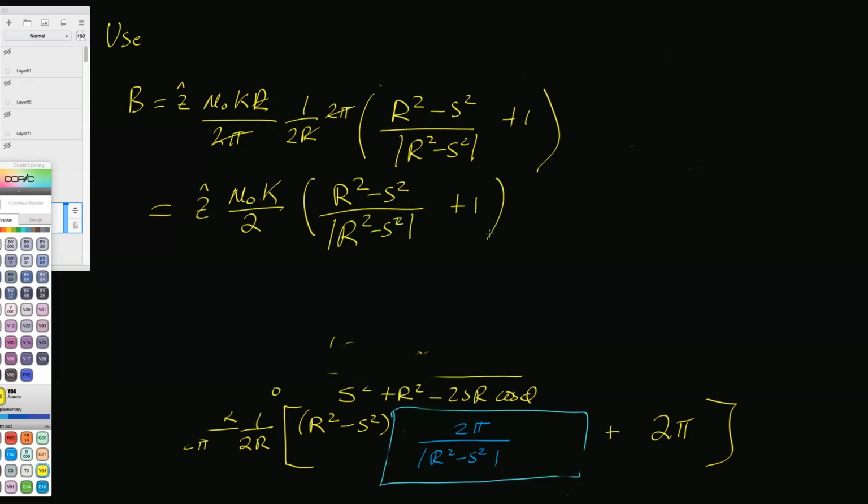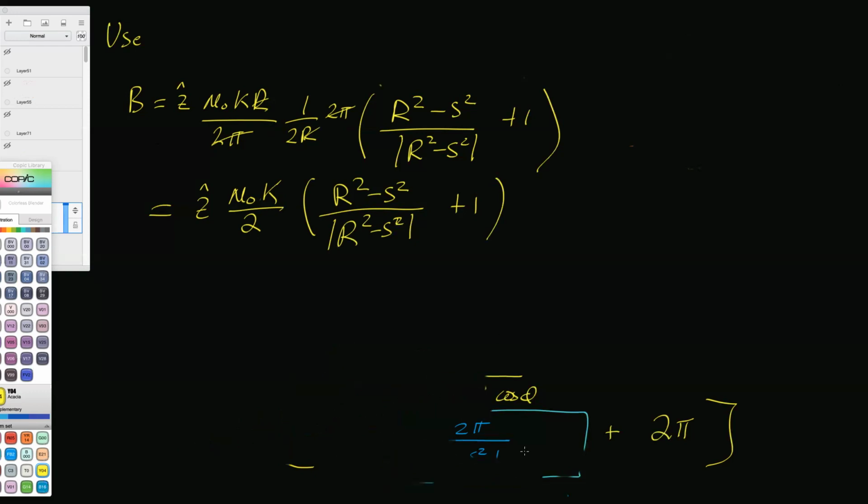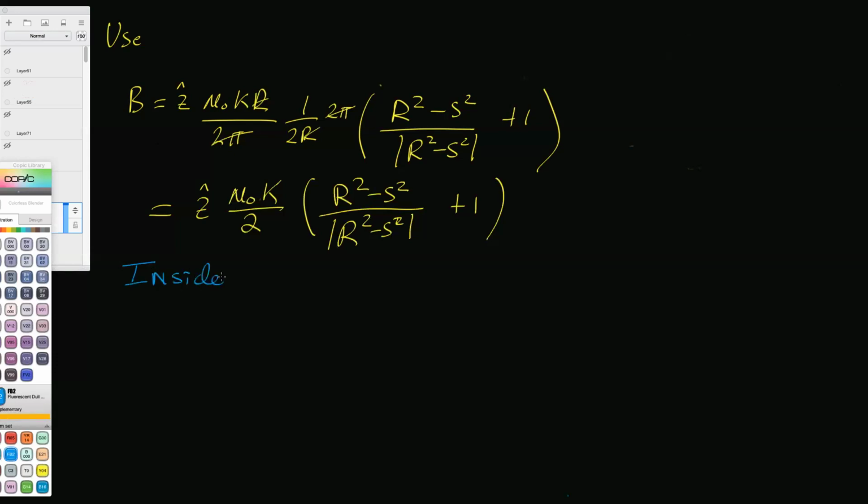Okay, now it's time to decide whether we want to be inside or outside of the solenoid. So inside, s is less than r. If s is less than r, then I just take the absolute value sign off.